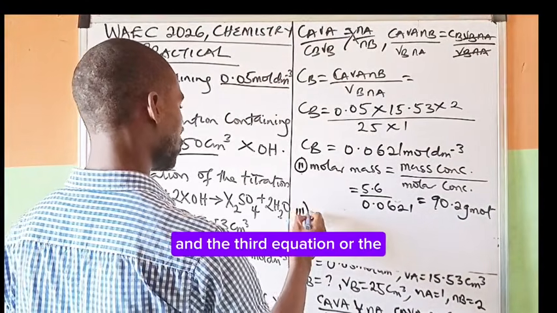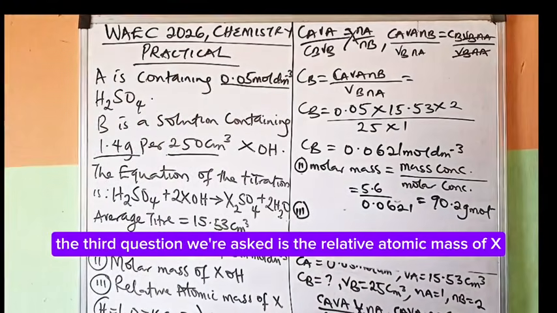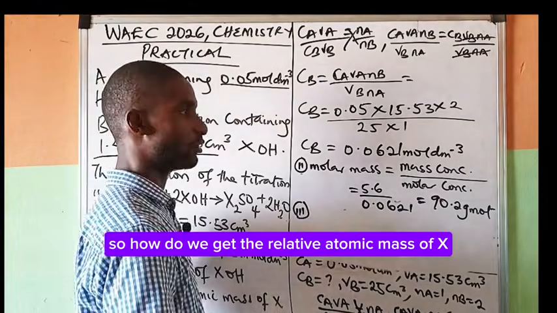And the third question we're asked is the relative atomic mass of X. So how do we get the relative atomic mass of X?